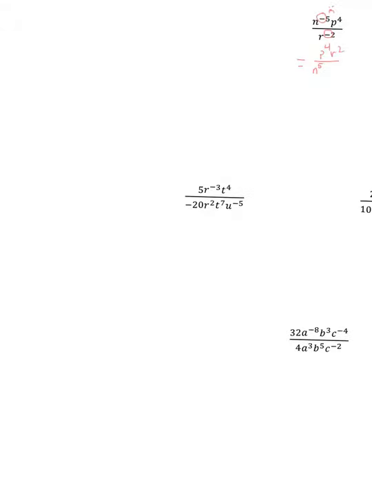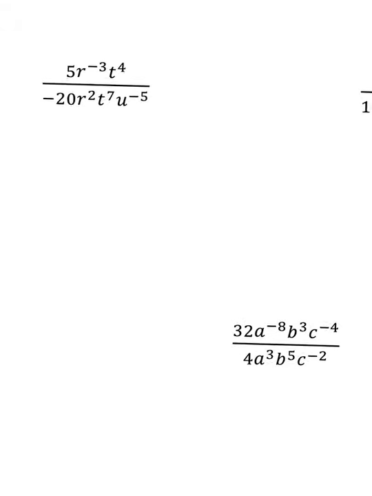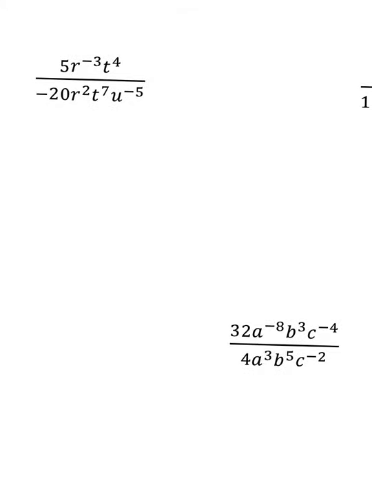Now let's take a look at what we might do if we have more than one variable, or if we have coefficients, that's a big thing here. So let's look at our coefficients in this one here. So we have a 5 on the top in the numerator and a negative 20. Okay, we want to simplify those.